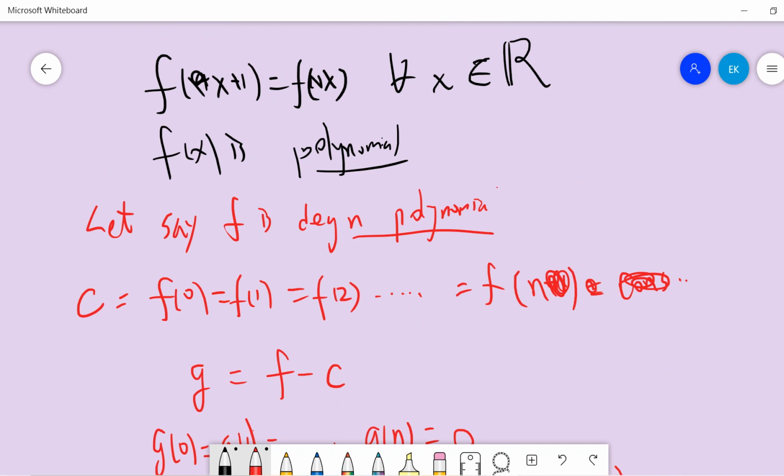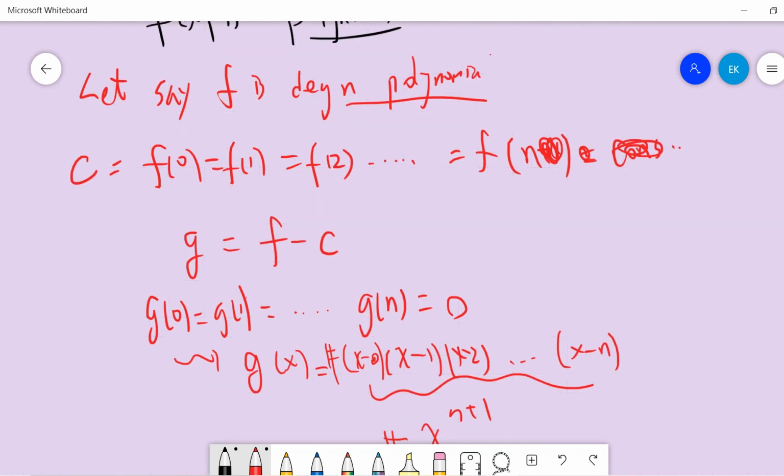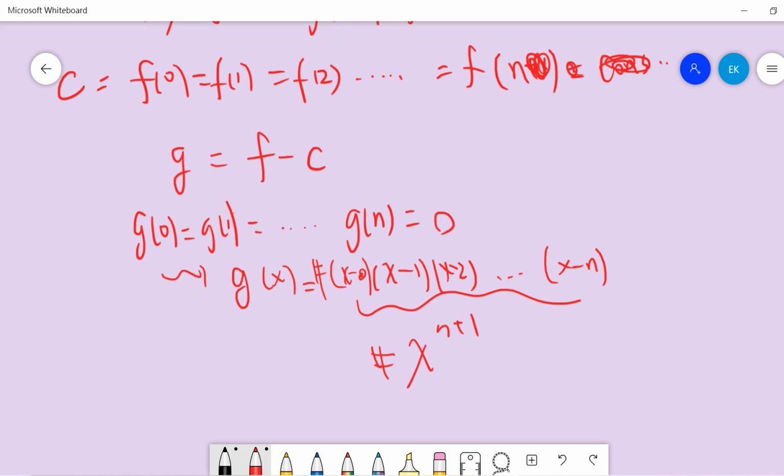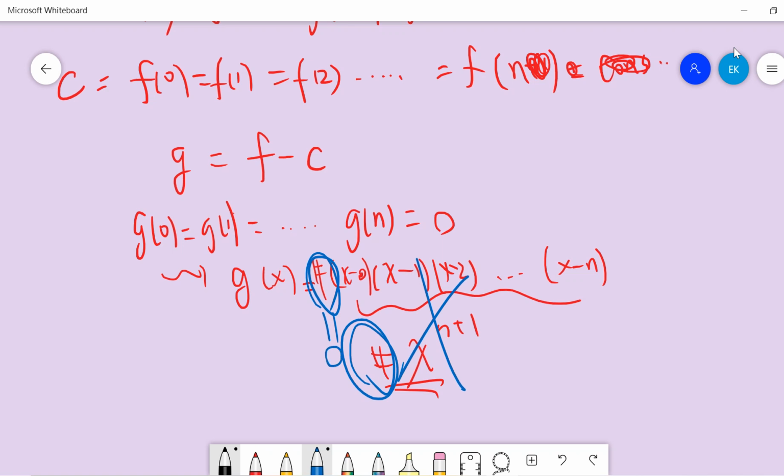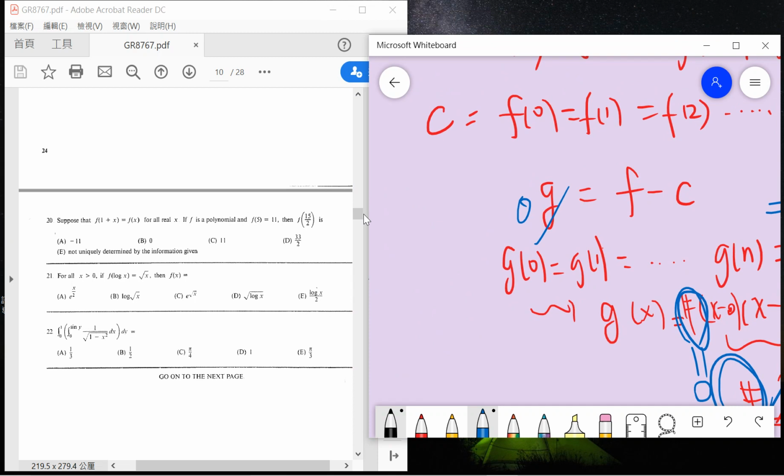But we said that f is a degree n polynomial, so the degree of g should be n, because f only differs by a constant. Now g contains the leading power x to the n plus 1, so this is impossible. The only chance is that the leading coefficient is 0, so g is 0. That means f is just a constant function. So in this case, the answer is just 11. Choose C.